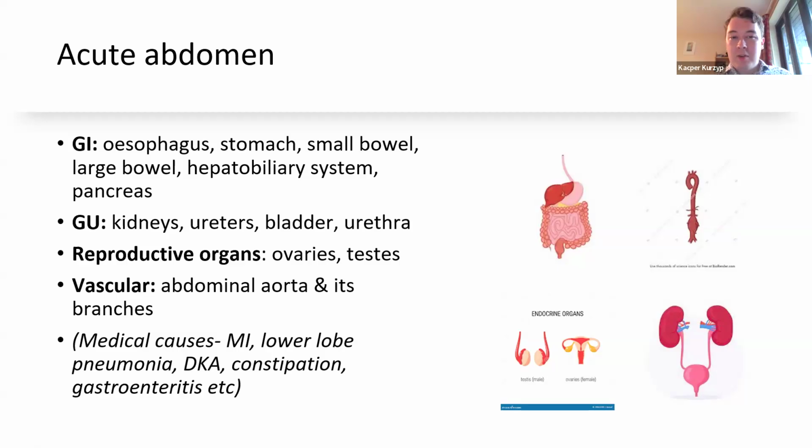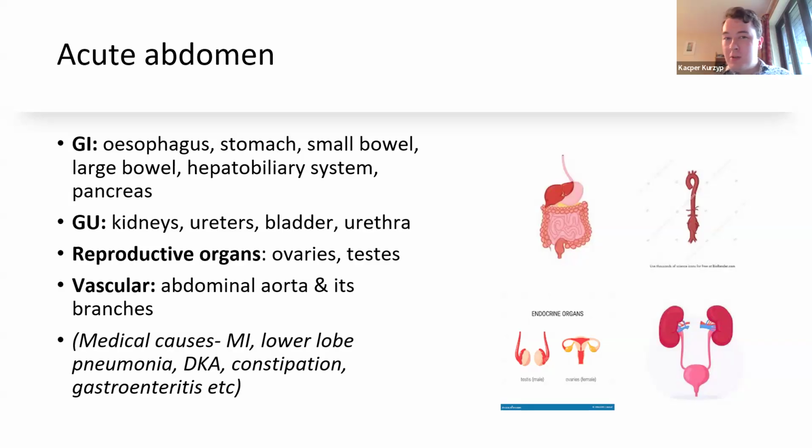So, as you can see, anything from the esophagus to the rectum. We covered the upper GI tract, as I've said, so we will focus on the small bowel and large bowel. We also have the genitourinary system, kidneys, ureters, bladder, urethra, and reproductive organs as well, which we will touch upon, the ovaries and the testes.